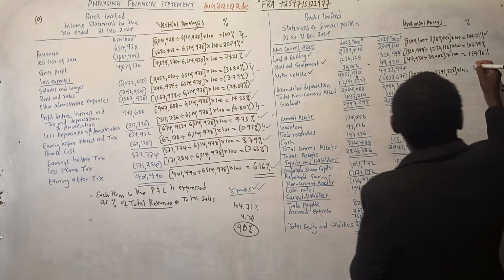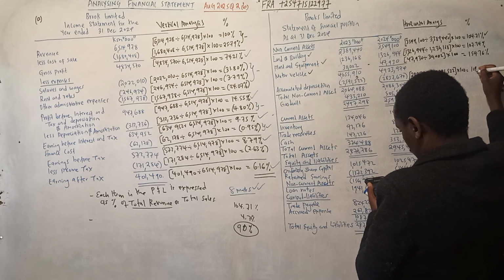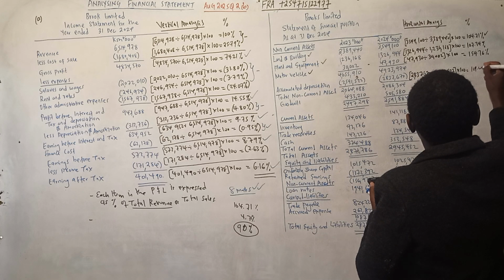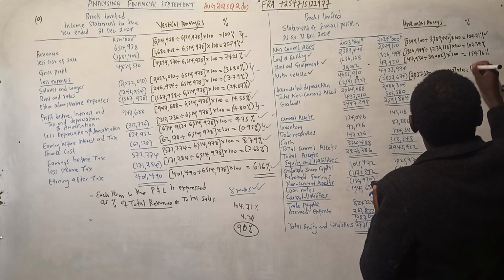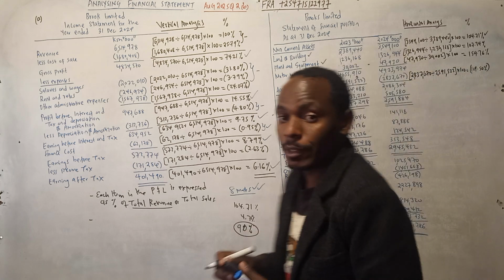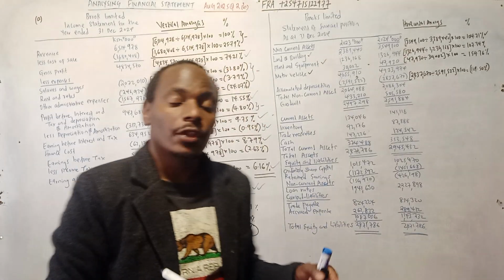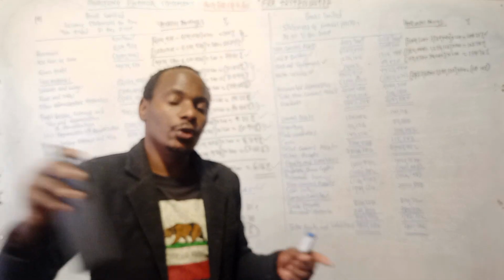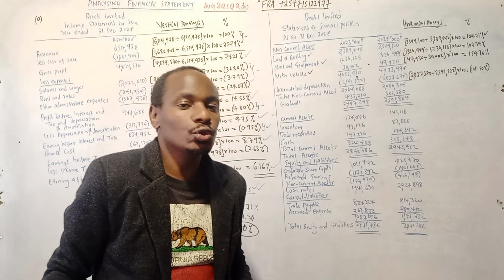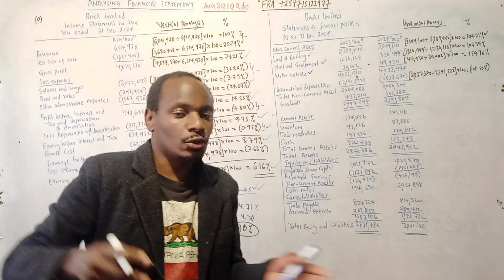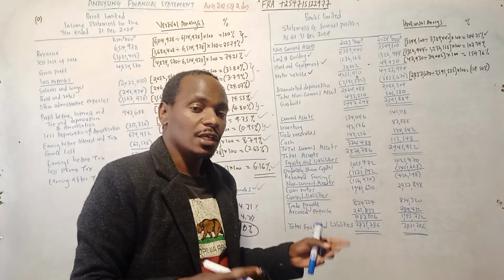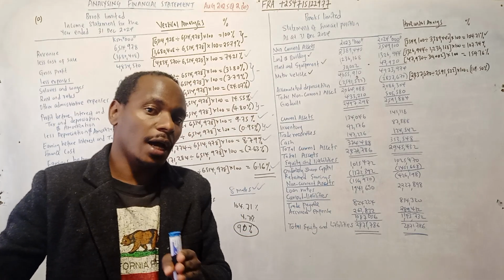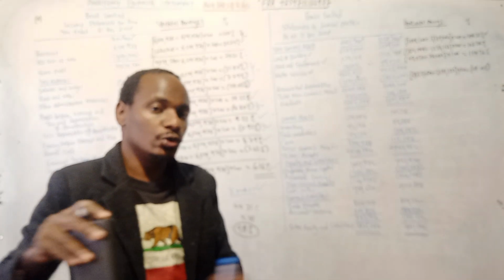This is 109.50%. Now that is an increment in depreciation, meaning the increment in depreciation is due to more assets being acquired. When you acquire more assets, the value for depreciation also will increase, because every asset that you acquire must undergo depreciation. So the increment in depreciation means that more assets were acquired, which were also depreciated during that year.